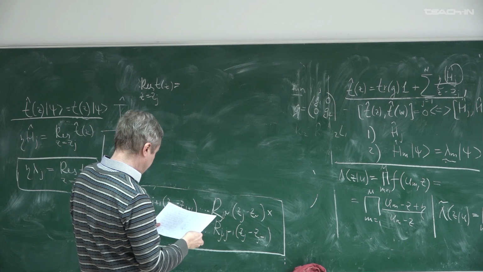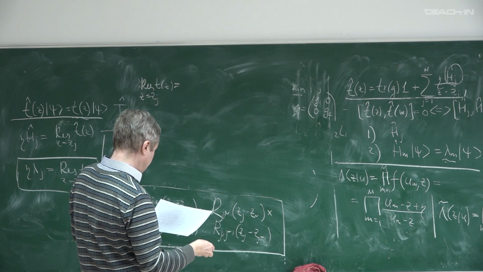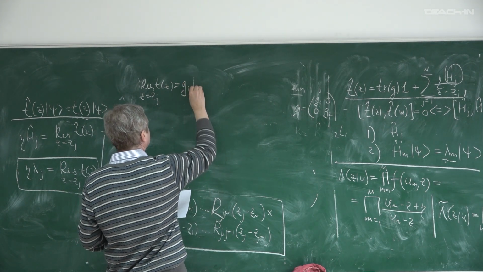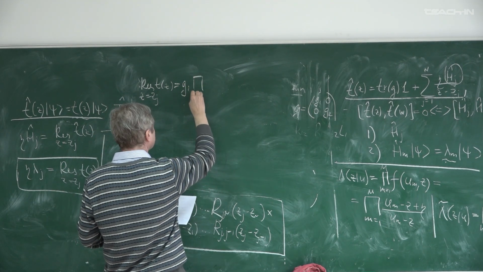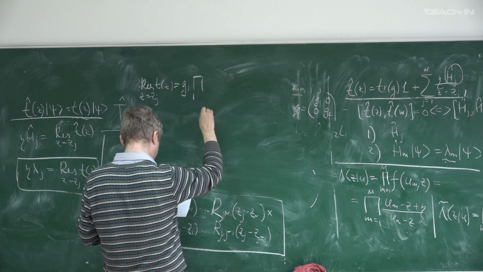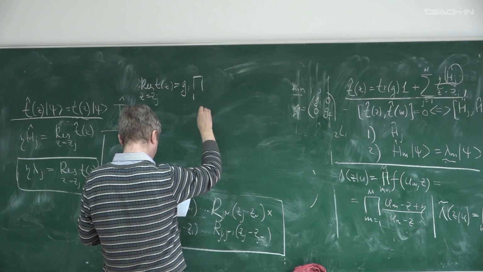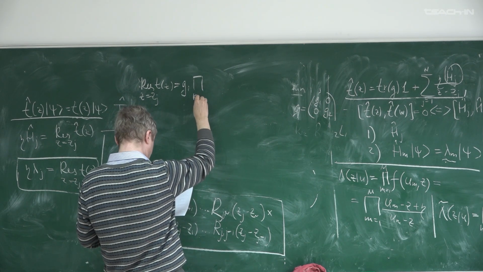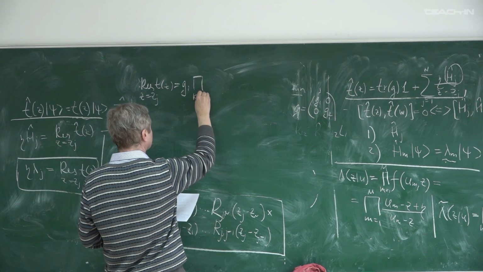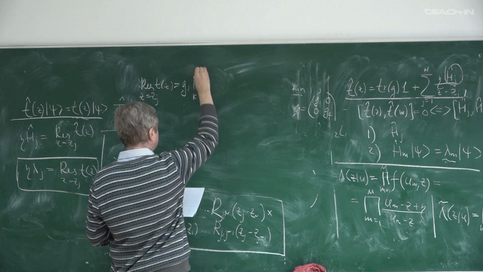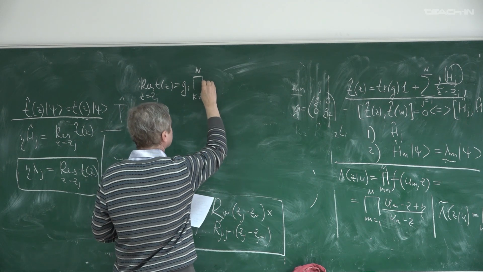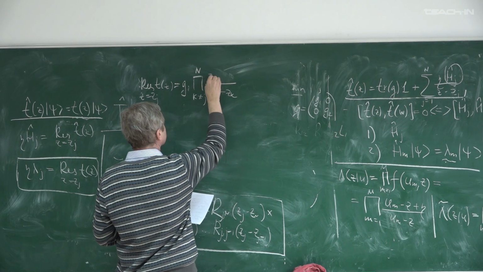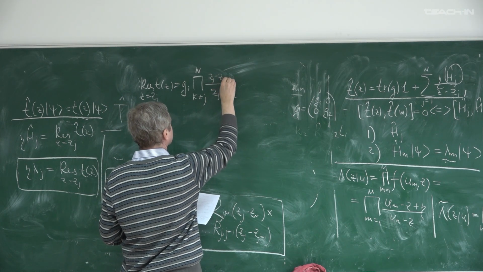This gives us, just let me write it, a product over k not equal to j of zj minus zk plus eta over zj minus zk.